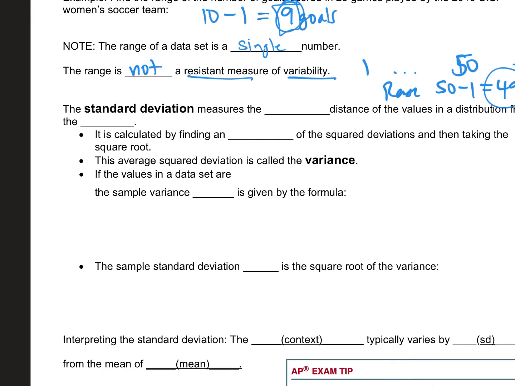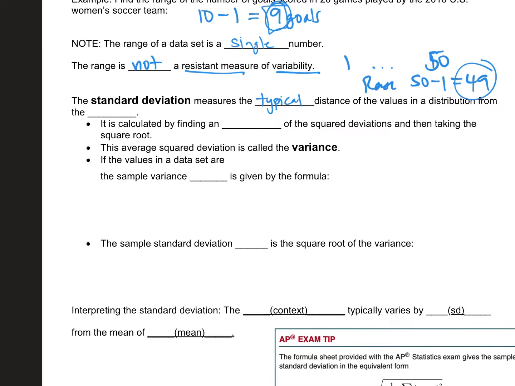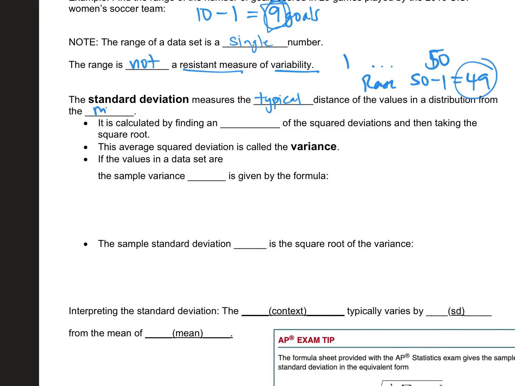Okay, so the standard deviation measures the typical distance of the values in a distribution from the mean, not the median, but from the mean. It is calculated by finding an average of the squared deviations and then taking the square root.